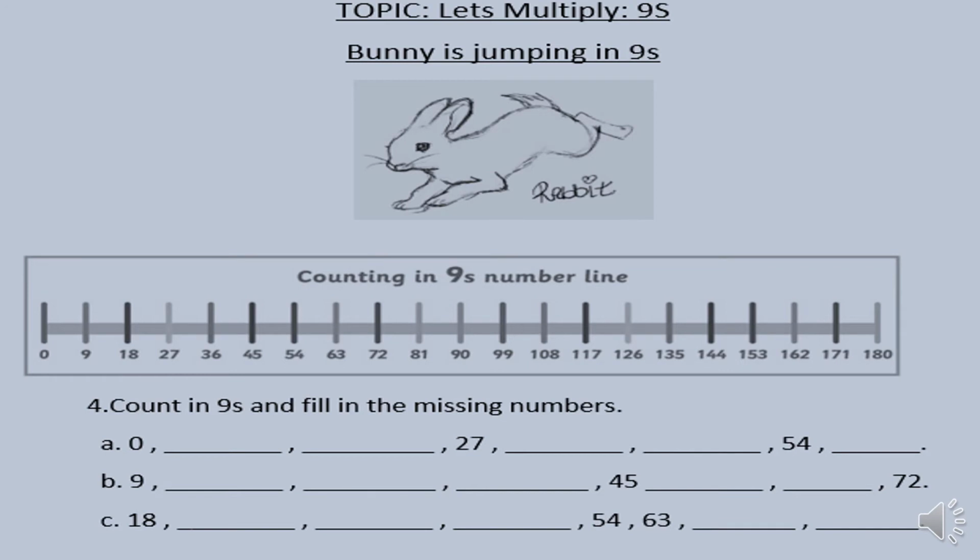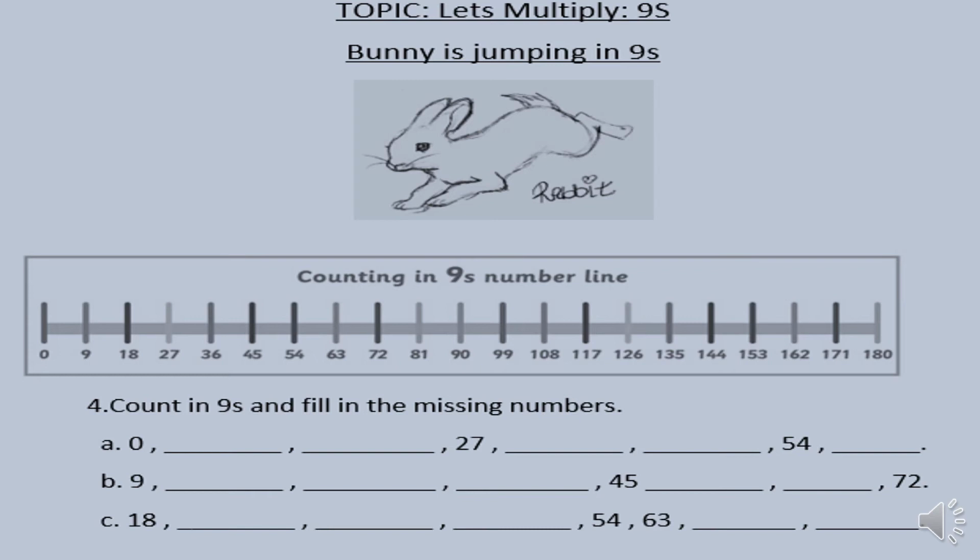Then next is, let's multiply 9s. Bunny is jumping in 9s, or you have to write the 9 times table, or the table of 9. You can take help from the number line, which starts from 0. Your A part is 0, then the next numbers would be 9, 18, 27 is given, then 36, 45, 54 is given, and the next number would be 63.